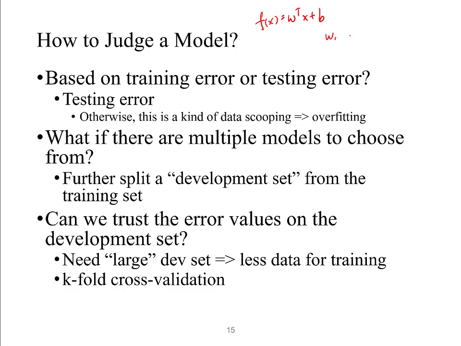For w1, b1, that could be a classifier c1, and for w2, b2 it could correspond to classifier c2, but they all belong to one model, and this model is f(x) equals w transpose x plus b.